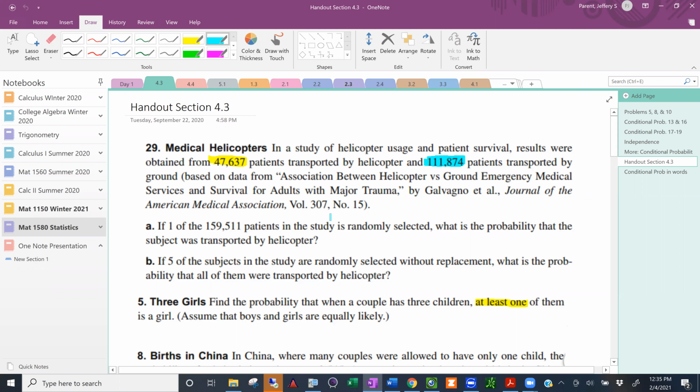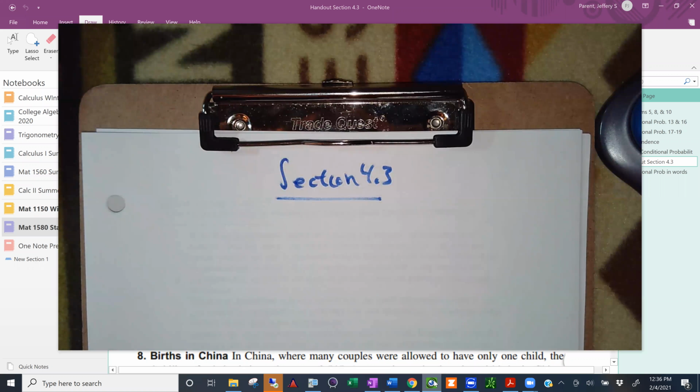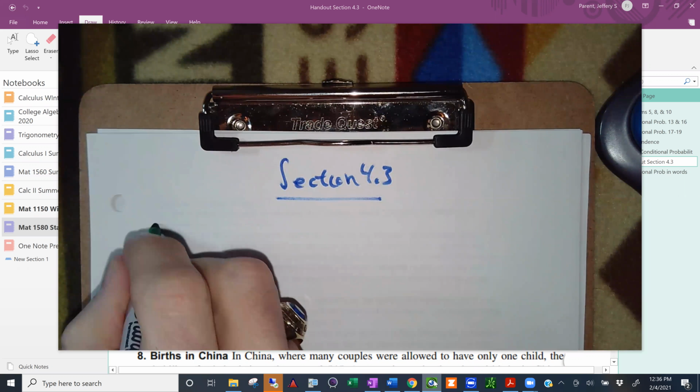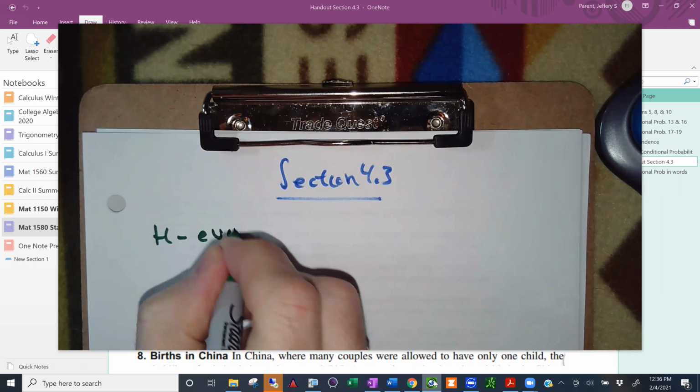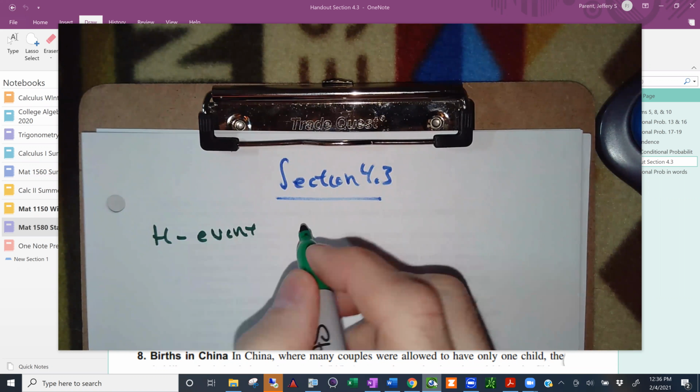The first question is, if one of those patients in the study is randomly selected, what's the probability that the subject is transported by helicopter? Well, let me develop some notation here first. Let's let H be the event that a patient was transported by helicopter.